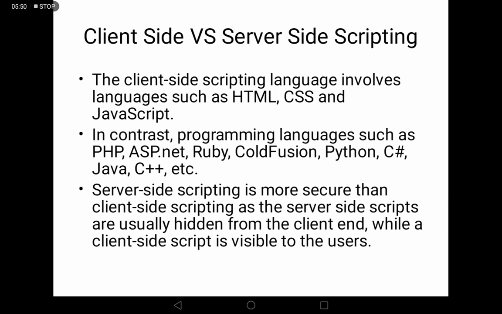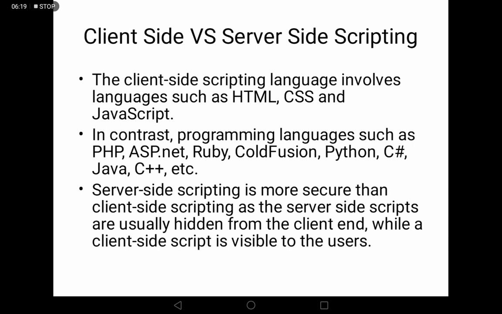For example, if you are giving a date of birth, it checks whether you are giving the date of birth in the correct format or not. This is done by the browser itself. So date of birth validation, age validation, name validation, register number validation, these are all done by the browser itself. So these are called client-side scripting languages.